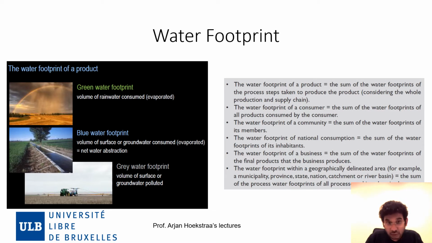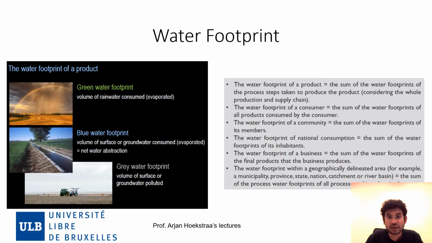And then there is the gray water footprint, which is essentially a measure of groundwater pollution, the amount of water that you need to dilute the pollutant so that it becomes harmless. So that is the gray water footprint.